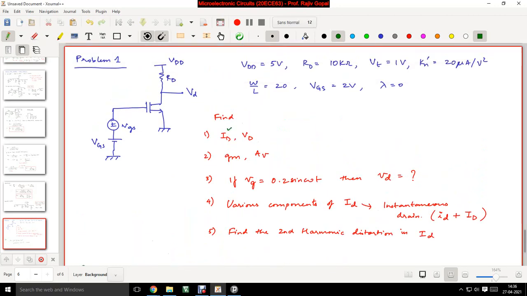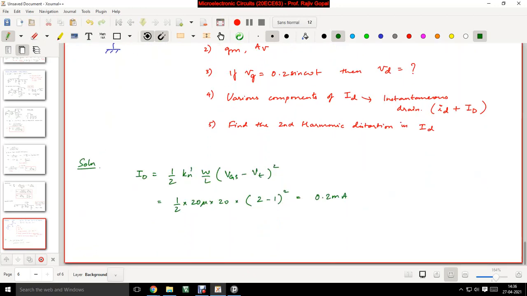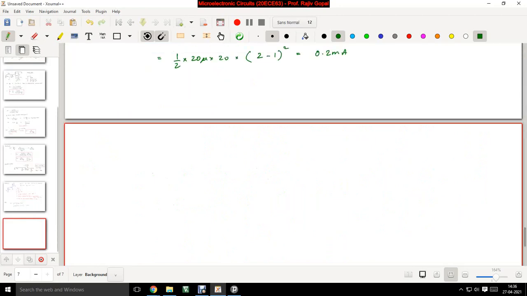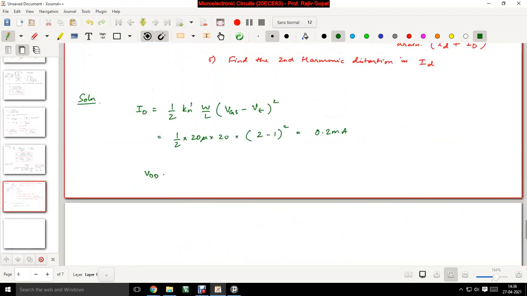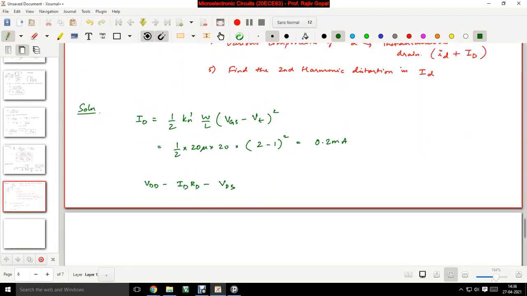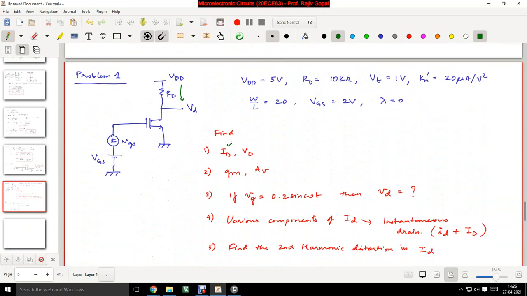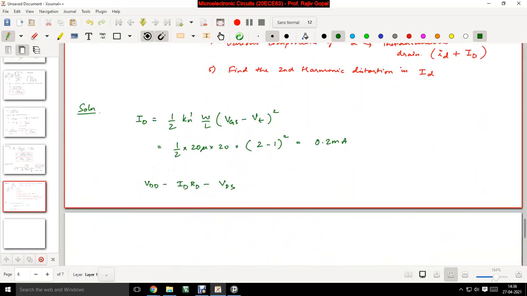Now I have to find VD. I can use KVL in this direction: VDD minus ID RD minus VDS equals 0. Since the source is directly connected to ground, VD and VDS are the same. So VDS equals VD equals 5 minus ID, 0.2 milli, into 10 kilo ohms, which will turn out to be 3 volts.